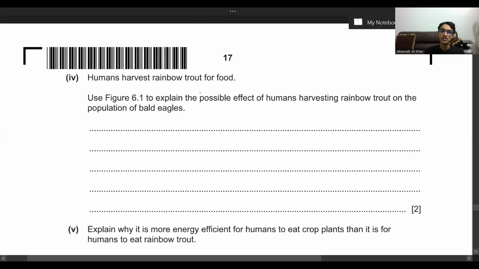And imagine I removed that food source. What would happen? The bald eagle has no direct food, and of course, its population would decline. And if it's not controlled, it might even go to extinction, right? Or we have to find some other food. That is not happening.